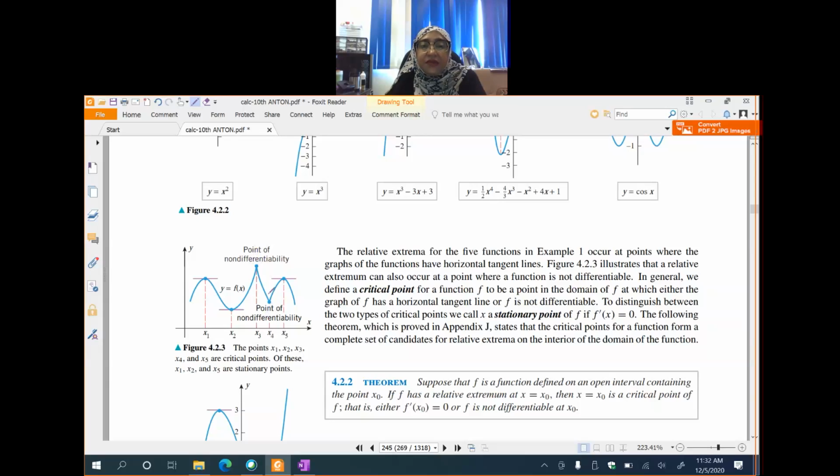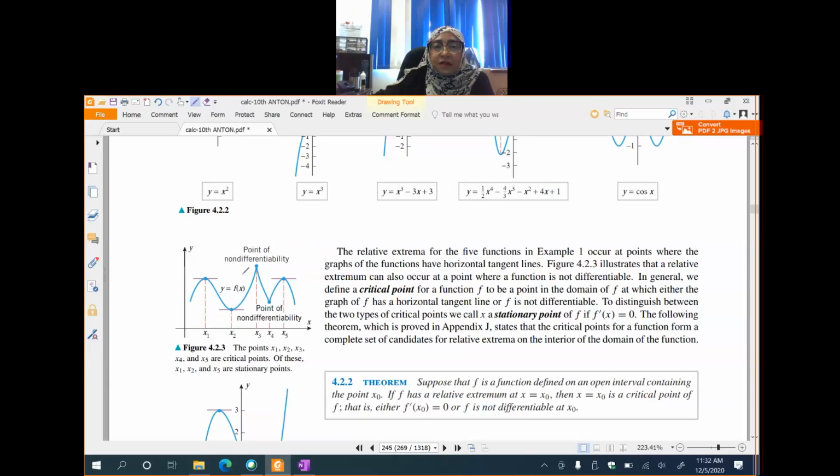If a function f fails to be differentiable at a corner point, f prime is not defined because this is a corner point. If you look at the graph, this is a corner point.